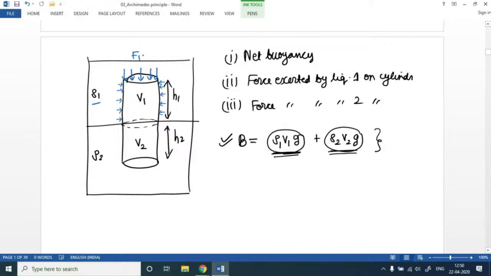So we can find out the magnitude of F1 here. Let's say this height is H and the atmospheric pressure is P naught. So the pressure at this level we can write as P naught plus rho GH.